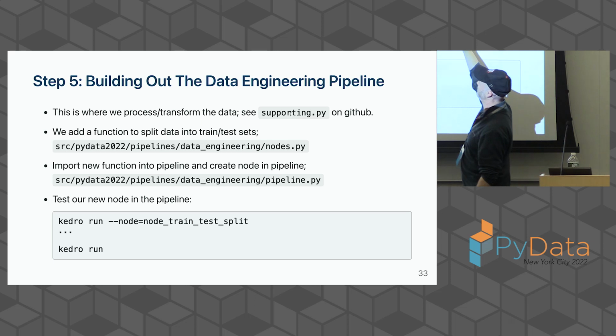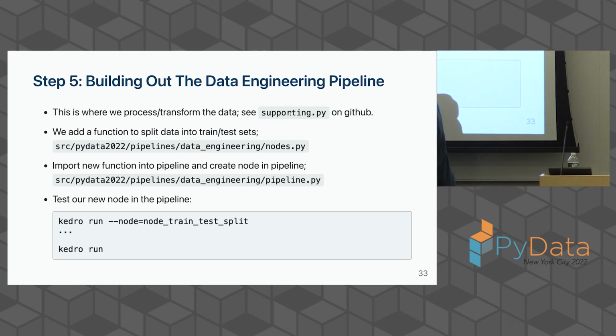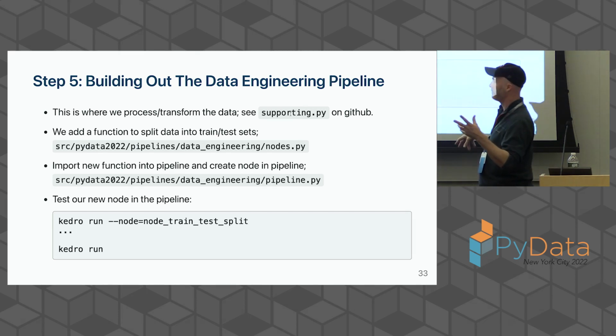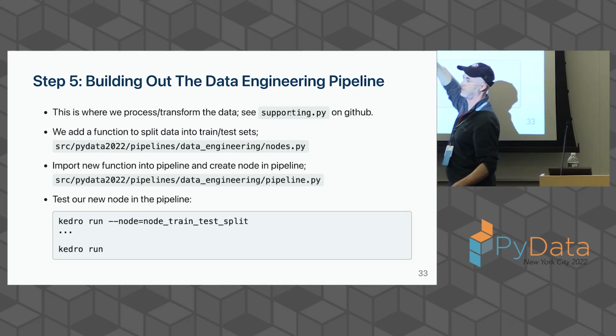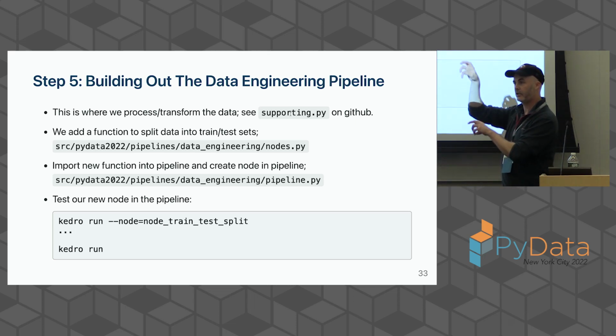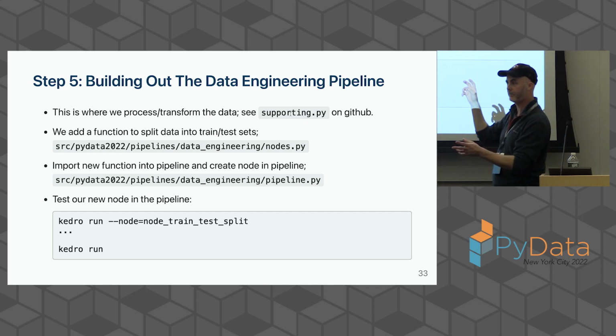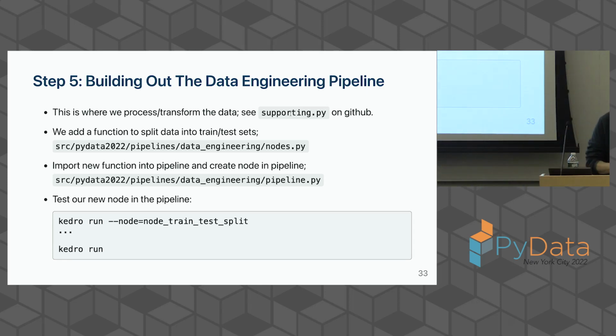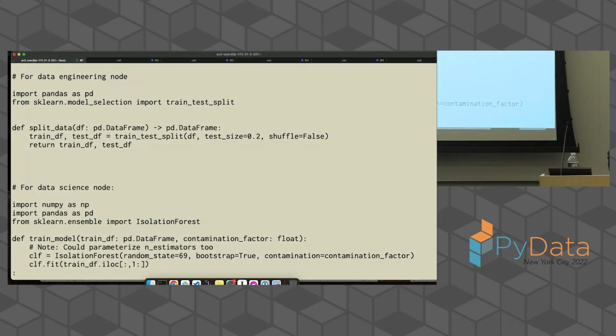The nodes in the data engineering path are where all the action happens on data coming in and data coming out. The pipeline defines all those functions as nodes, so that you can then organize them in some other way. Once you have defined the code, I'll show you how it looks.